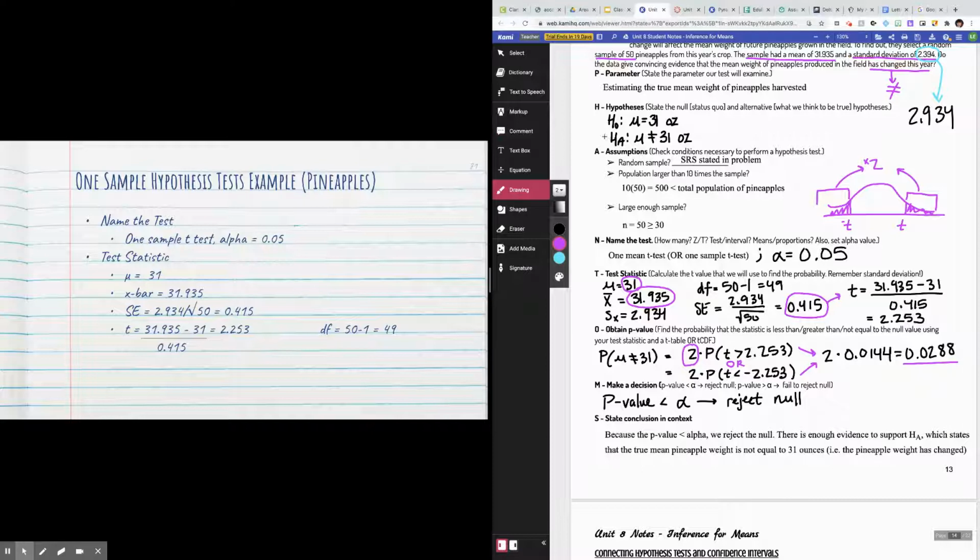Okay, you're basically just writing your alternative hypothesis in word form. Okay, and then I put a little i.e. here just to put this in layman's terms. So i.e., the pineapple weight has indeed changed.